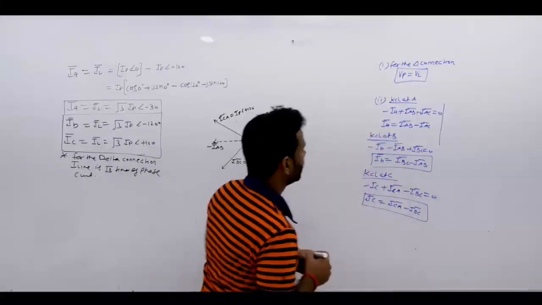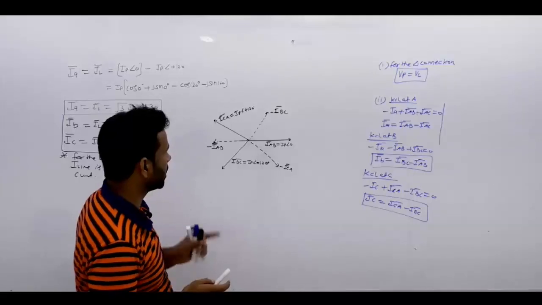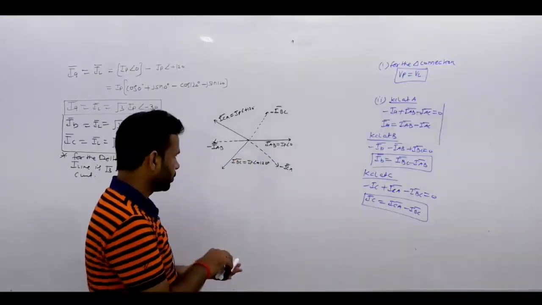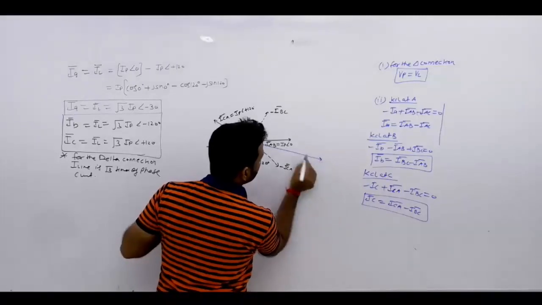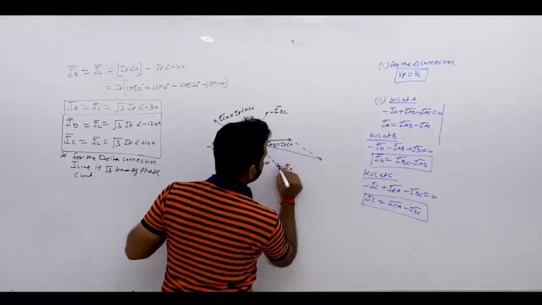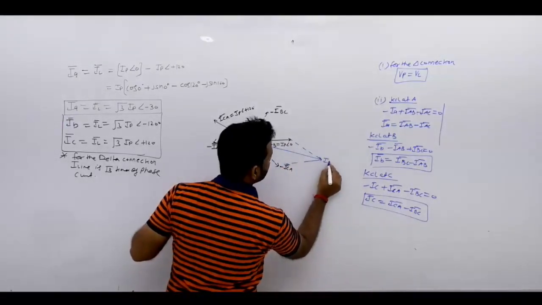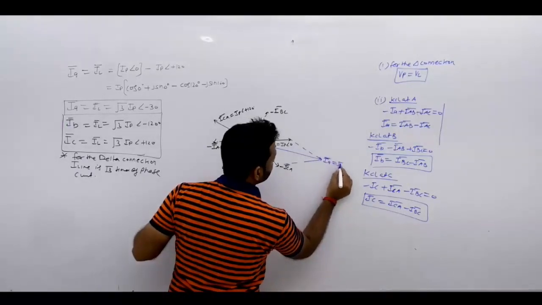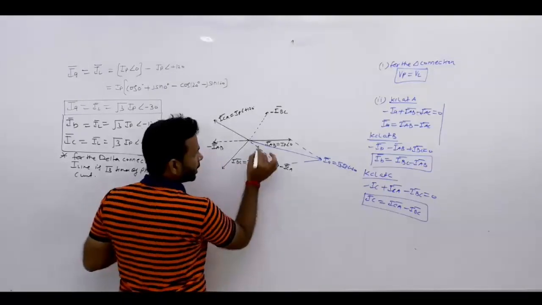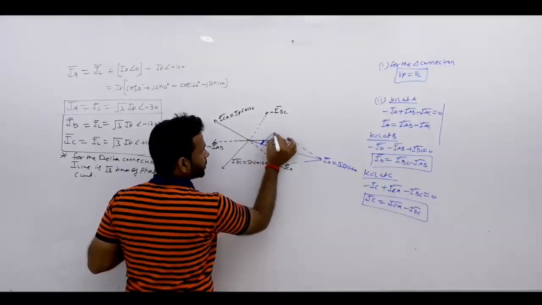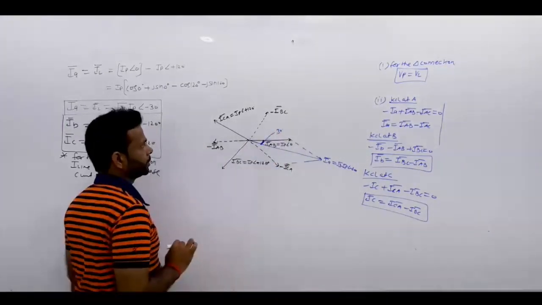The first line current is IAB minus IAC. So ये रही आपकी पहली line current जो कि ये रही. ठीक है यहाँ तक? So this is your first line current IA, √3 IP angle minus 30 degree. So this angle is 30 degree. ठीक है यहाँ तक ना.